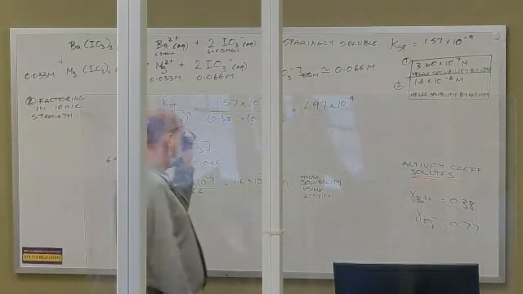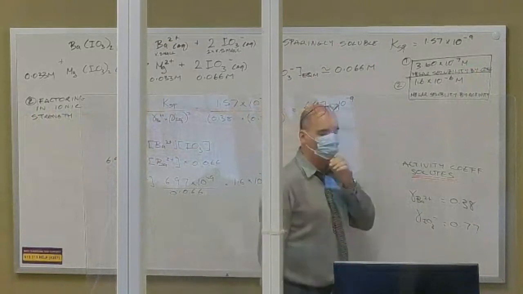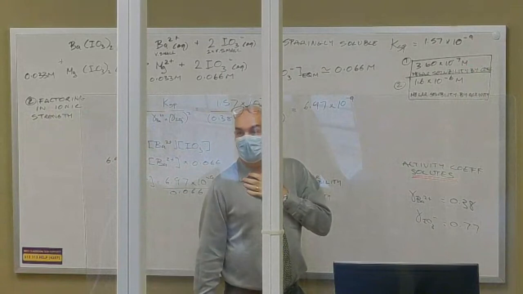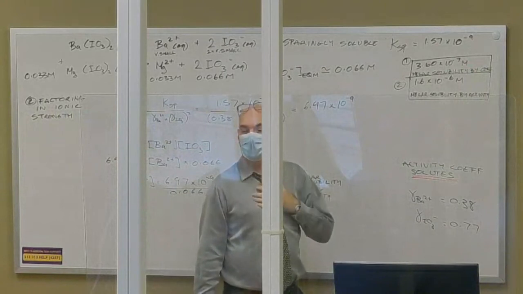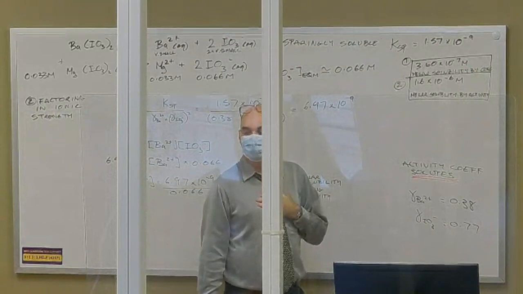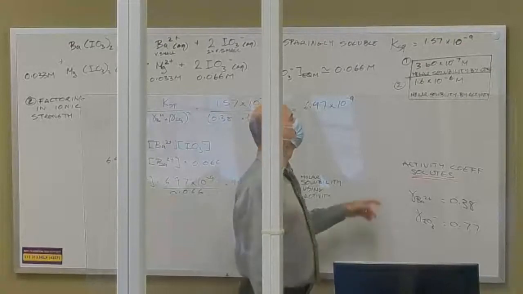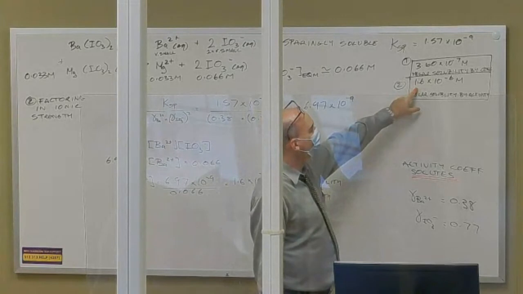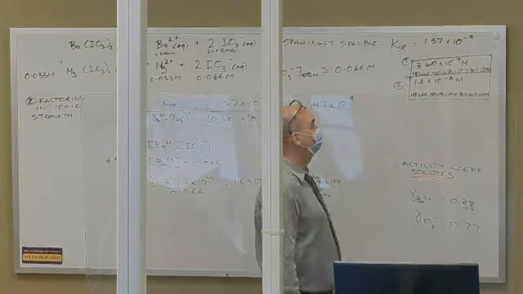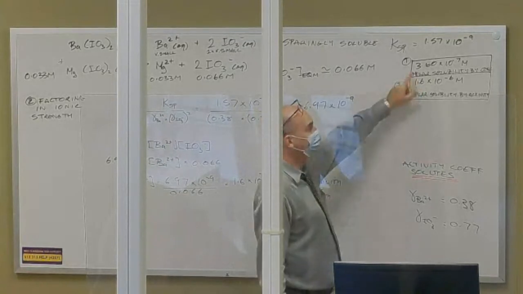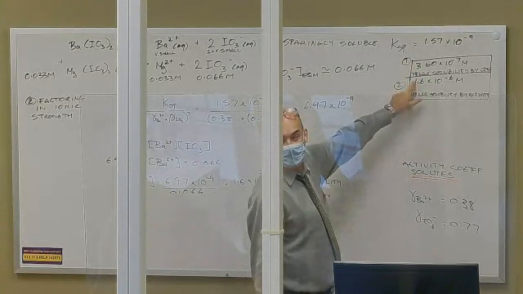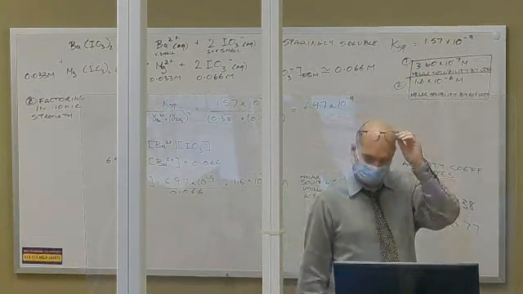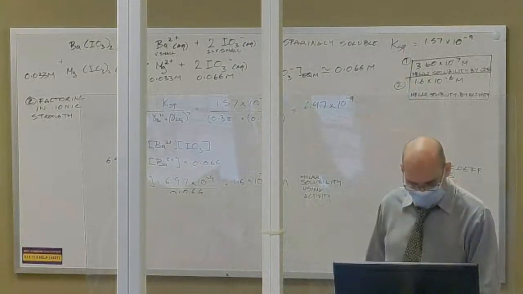If I take into account that activity does exist and that ions have different solubilities in the presence of ionic contaminants, then my value is 1.6 times 10 to the negative 6 moles per liter. Much bigger. These are both small numbers, but that's much bigger than that. How much bigger? What's my percentage error?